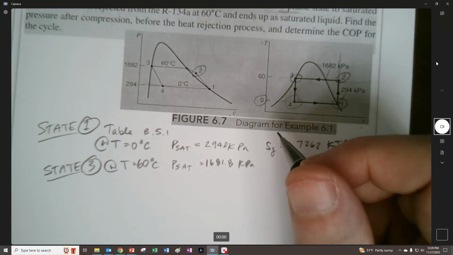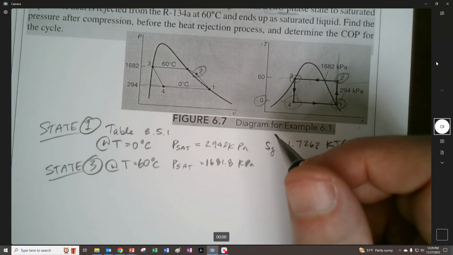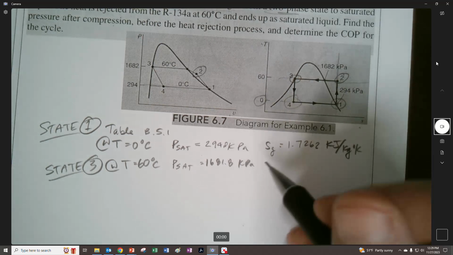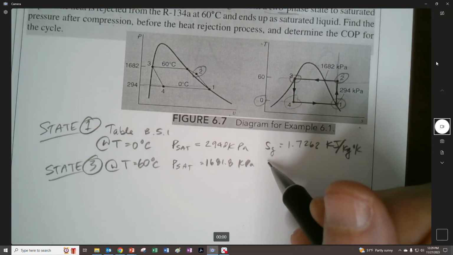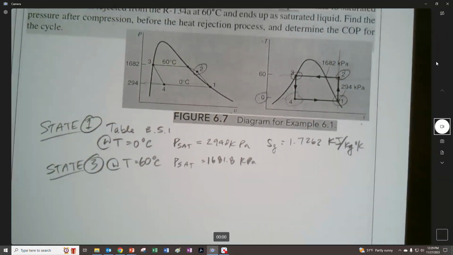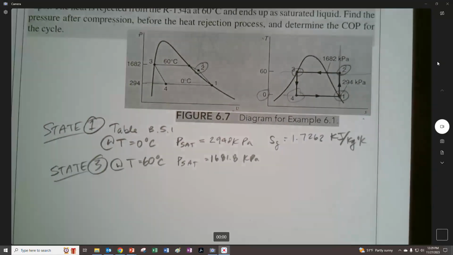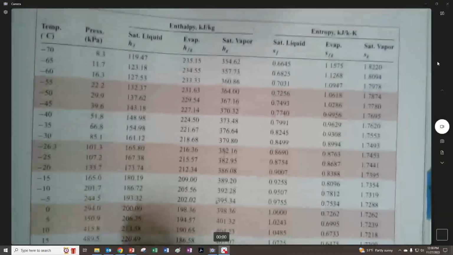Just looking right there, we could find the SG. Okay, one second. I don't necessarily need to know that, but I do want to know something else later.